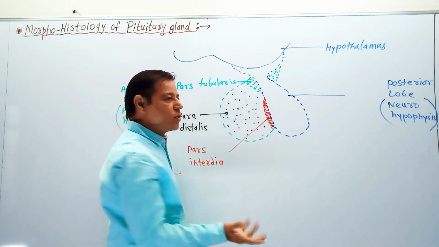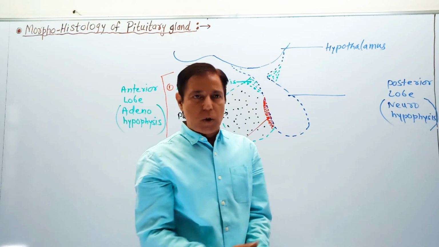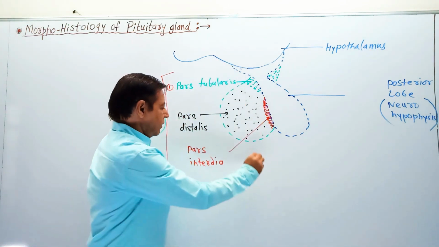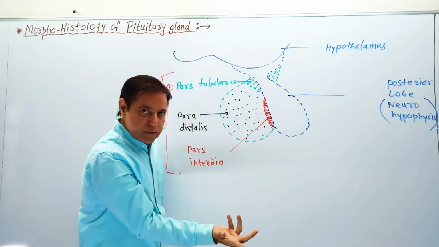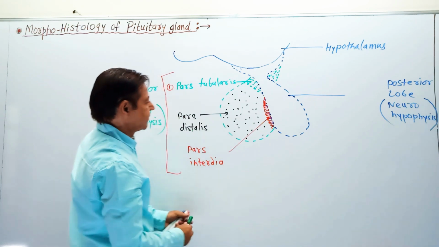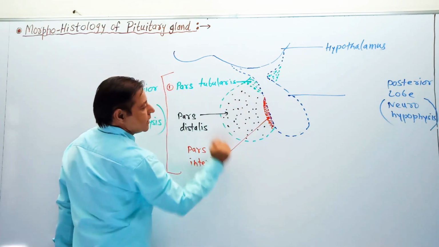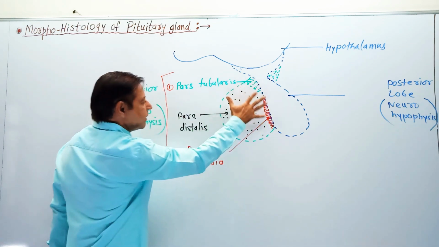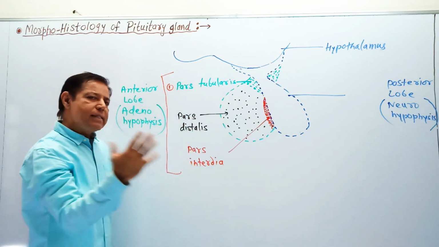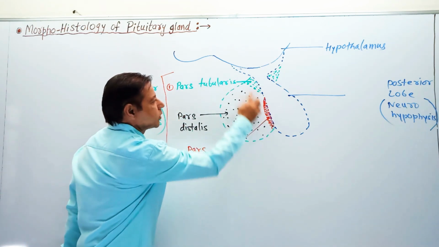Okay, but in case of human beings, MSH hormone has little role. Because this part is reduced, that is why it is non-functional part. Now pars tubularis, pars distalis, and pars intermedia, these are the three parts. Among these three parts, pars distalis is much functional and enlarged as compared to both.